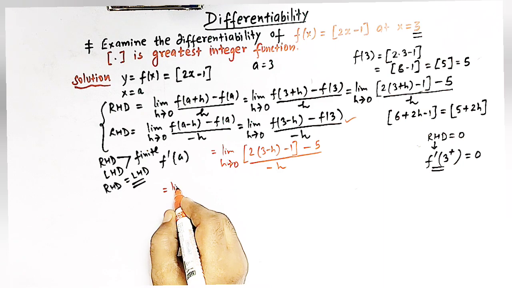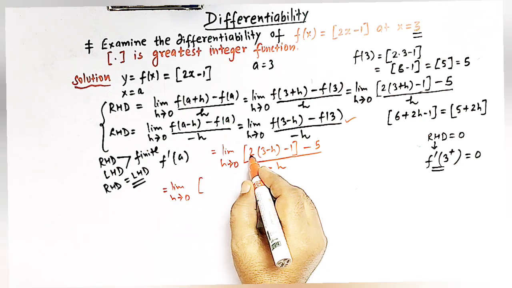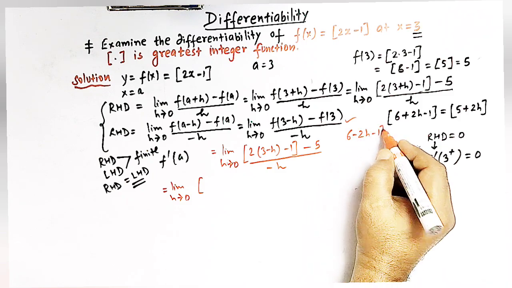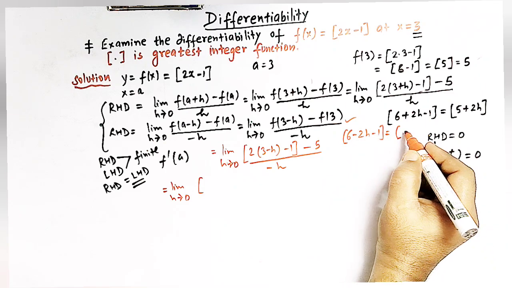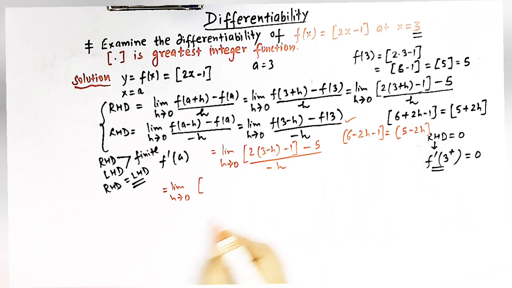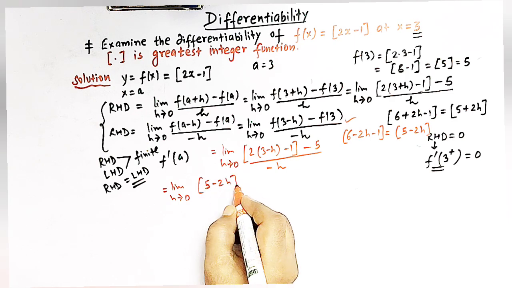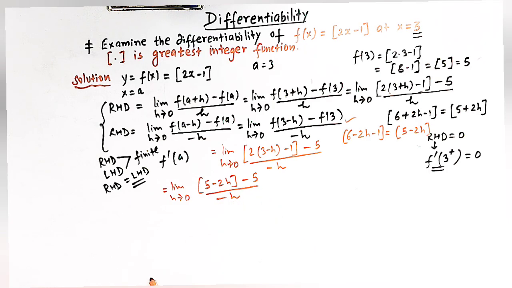So now we can write limit h tends to 0, and here we have 2 times 3, 6 minus 2h minus 1, and this is equal to 6 minus 1 is 5, and here we have 2h. So here we have greatest integer of 5 minus 2h minus 5 divided by minus h.